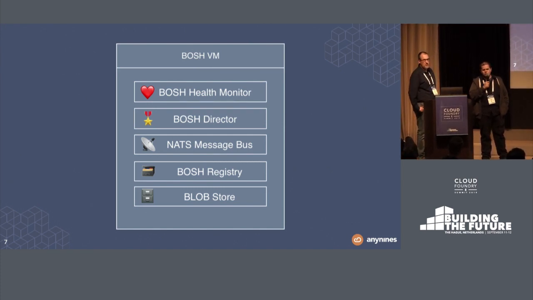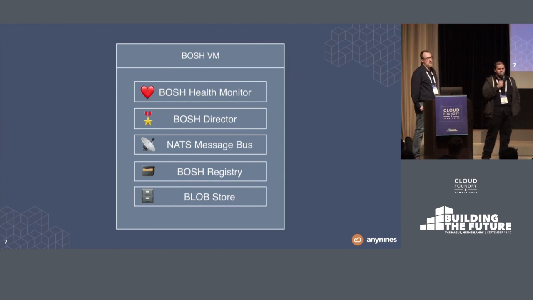It manages the health of the VMs, and it does other things. It communicates with the BOSH Health Monitor, which is basically the application to monitor the health of all virtual machines deployed or managed by this BOSH Director.